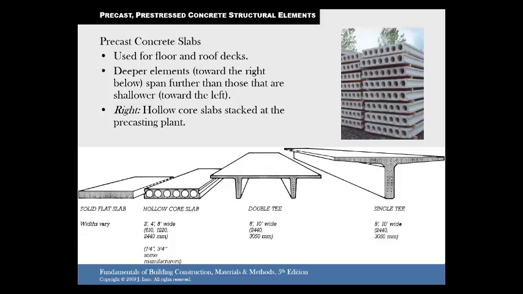Then you got the hollow core slab, which has the holes in it, which not only make it lighter, but allow you to run things, piping and stuff like that through there. Then you got the double T, which is more of a structural element that can be used for roadways or roofs, and the single T. And you can see in the little drawings, the little dots showing you that's where the steel strands are running through it.